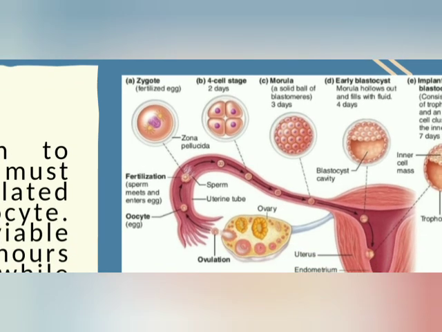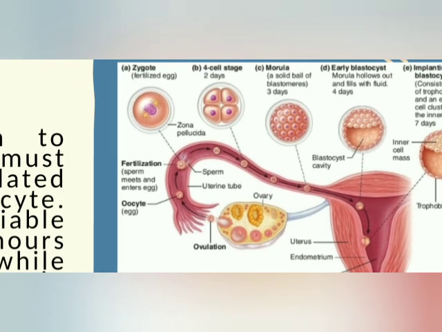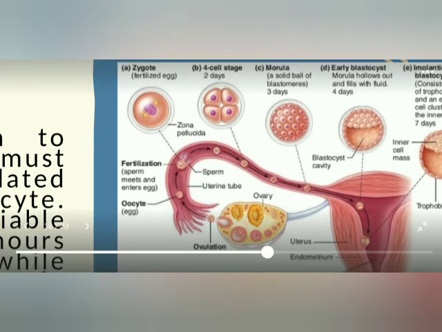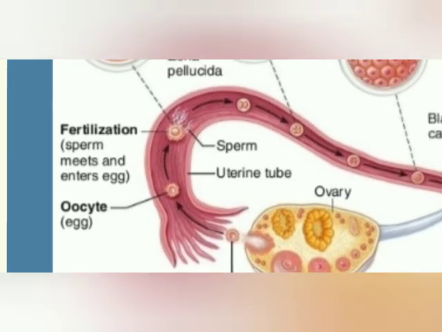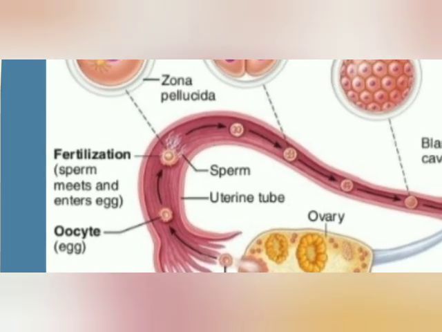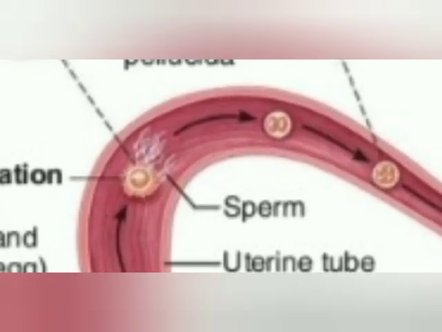Firstly, the process begins during ovulation, when the ovary releases an egg cell, which is also called the oocyte. After that, the egg cell travels through the woman's reproductive tract, and if it encounters sperm, fertilization occurs.